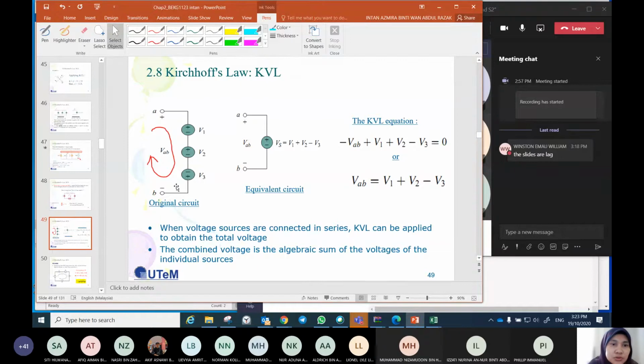Or you may also use the second sign. The second sign for VAB is positive. Always assume the current to flow clockwise. So using the second sign, positive VAB minus V1 minus V2 plus V3 is equal to 0. The answer will be the same.